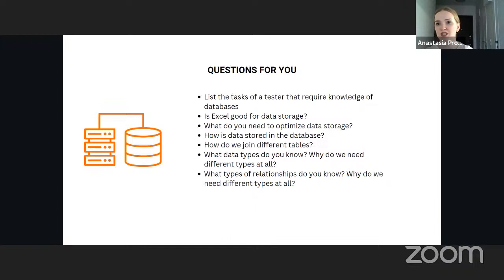It works a bit slower than databases that can find any information in the blink of an eye. So I think one of the great features of databases is speed. And Excel is useful if you don't work with a lot of information and you have to make some tables really fast and make some decisions and results.